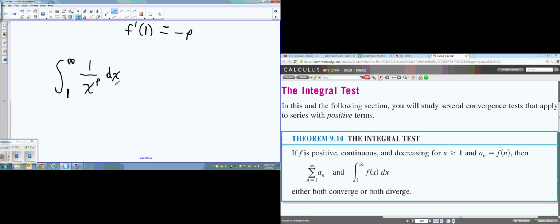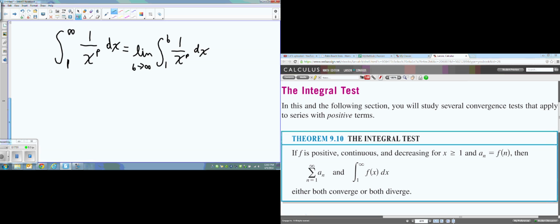To do this integral, we'll look at the definition, which says that this is the limit as b approaches infinity of the integral from 1 to b of 1 over x to the p dx, which has two cases. There's the case where p is equal to 1, and there's the case where p is not equal to 1.